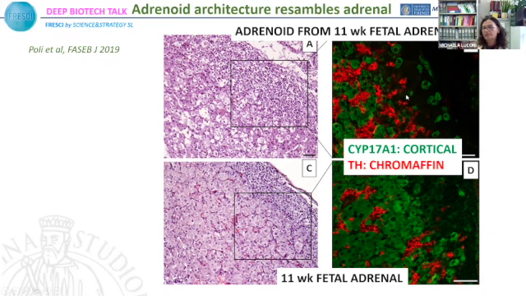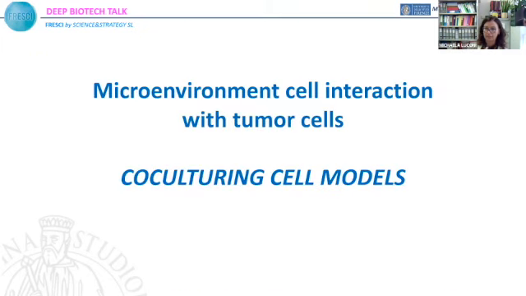So this suggests that the forming organoid actually maintains the functionality, but also the structure, the architecture of the fetal adrenal itself.